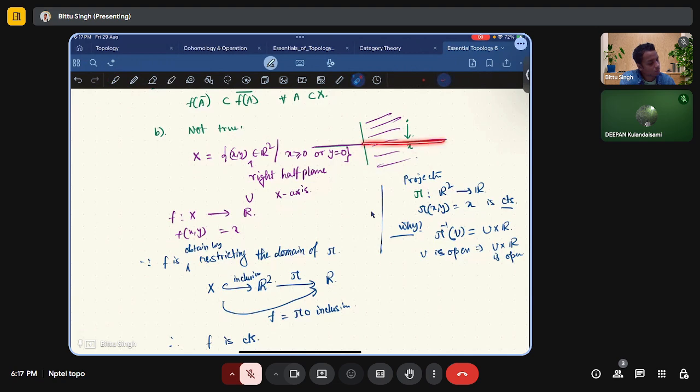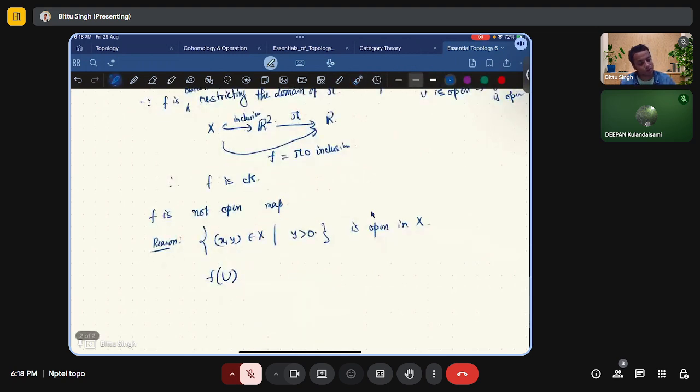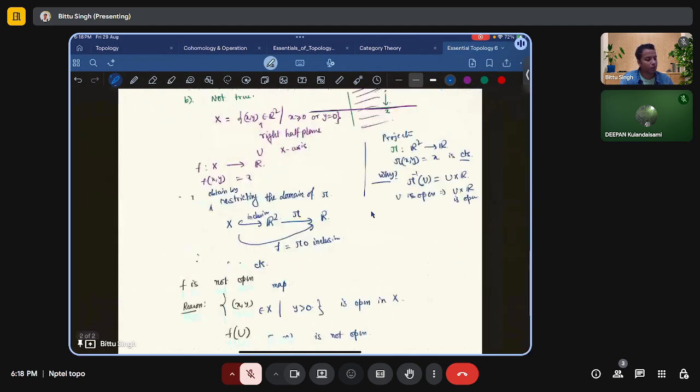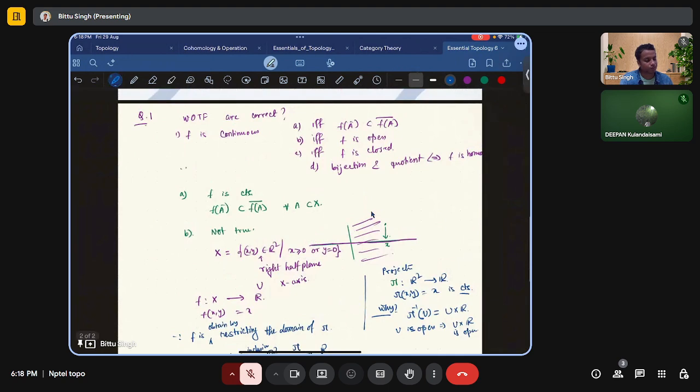It will be from closed 0 to infinity. So its image, everything will land here. So it is from closed 0 to infinity. So f of U is the closed-open interval [0, infinity), which is not open. Therefore, B is not true.